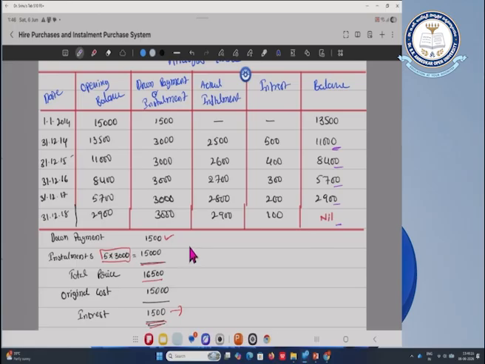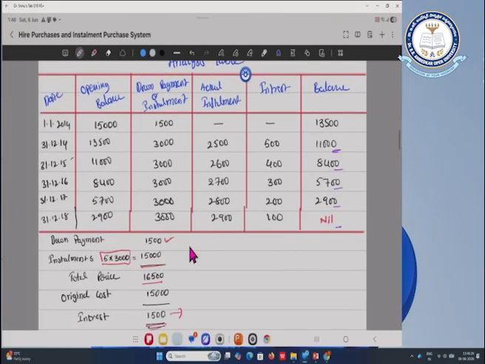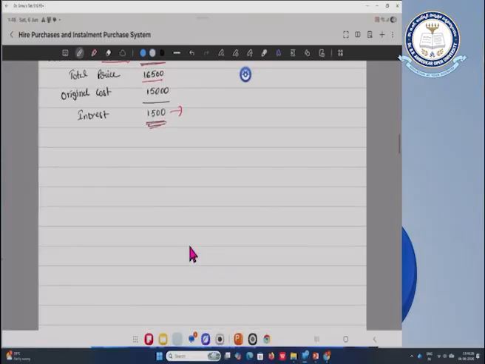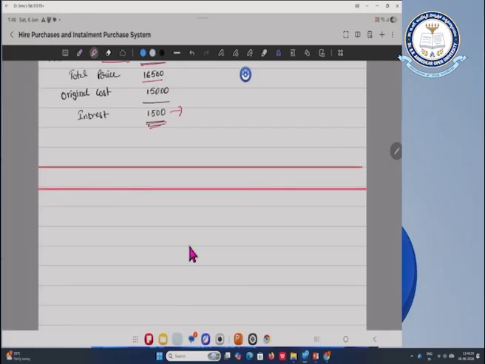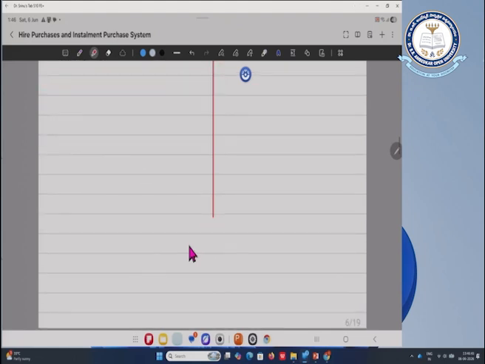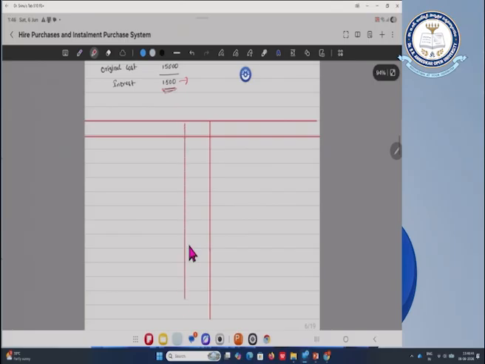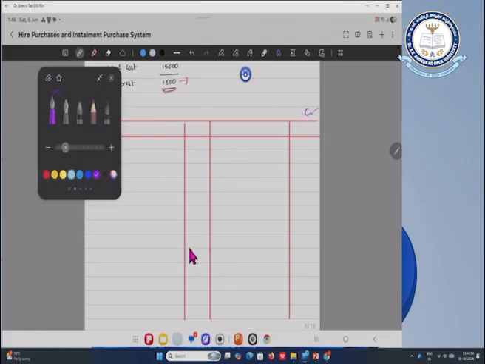Next, preparation of the hire vendor account is common, that is the same. So, how to prepare the hire vendor account? I will show that. This is a T-form account, a general ledger account only. First, you have to write debit, credit.